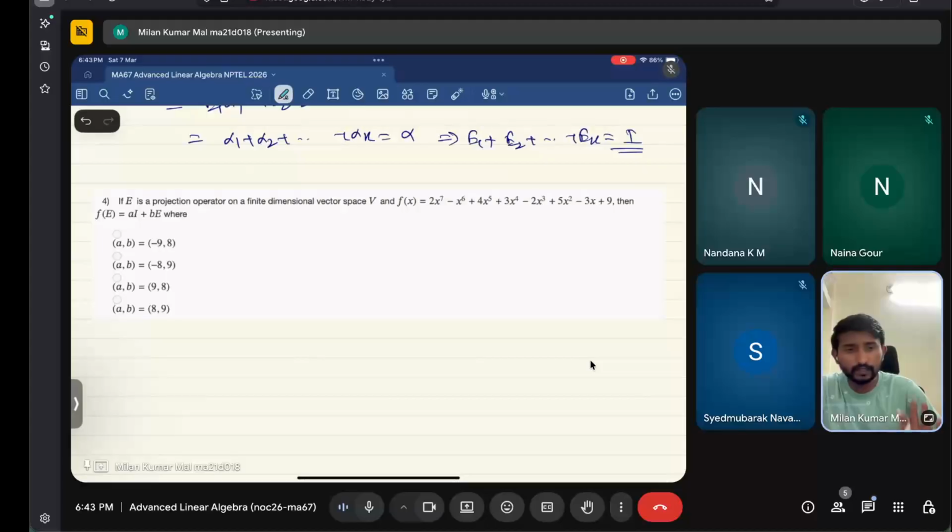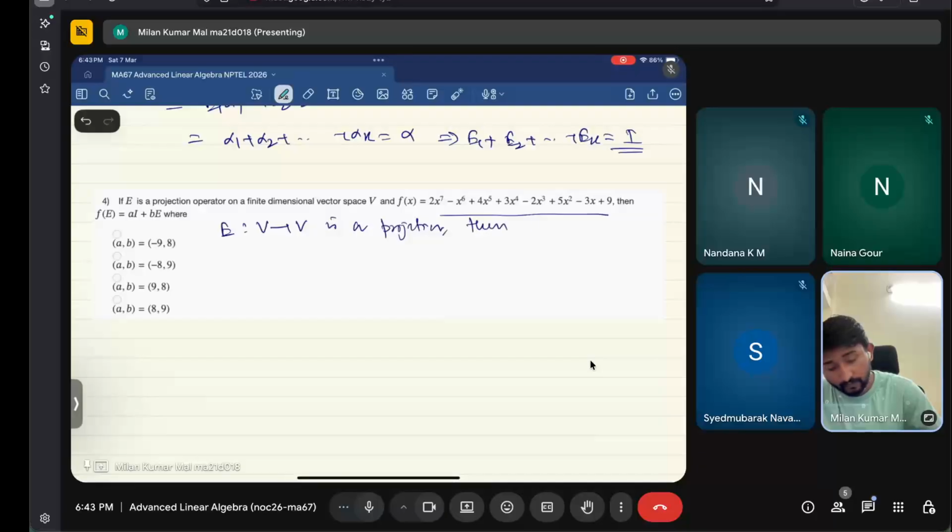So this is a very trivial question. You can easily solve it. So f(x) is given by this. E from vector space V to V is a projection. Then E square is equal to E, right?